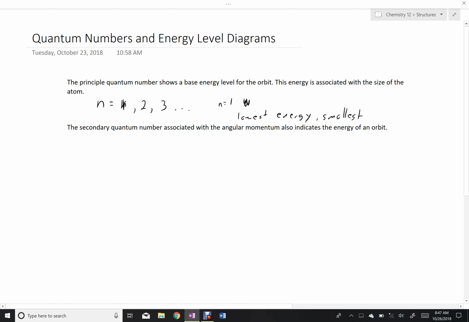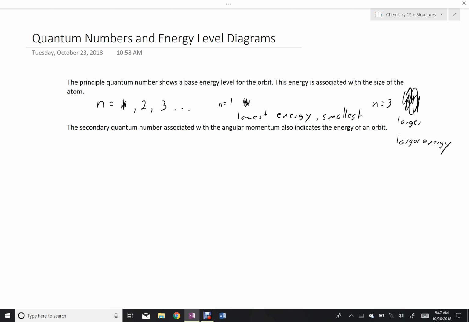And n equals, say, 3 would be larger and have a larger energy associated with it. But that's not the only thing that tells us about the energy level of the orbit.